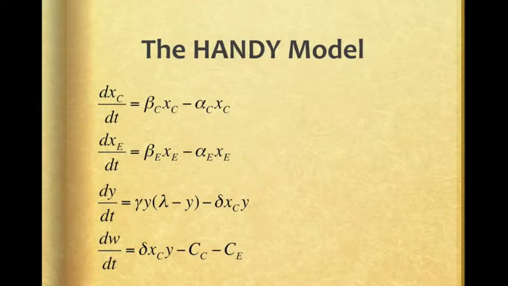So first, the commoner population. If you look at the dynamics, it's got a growth of population that is proportional to the population, and this coefficient beta would be essentially a growth rate, and then it's got a death of commoner population, which is driven by a decay rate or a death rate of commoners.